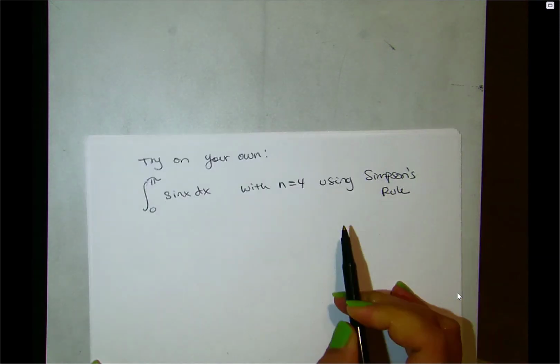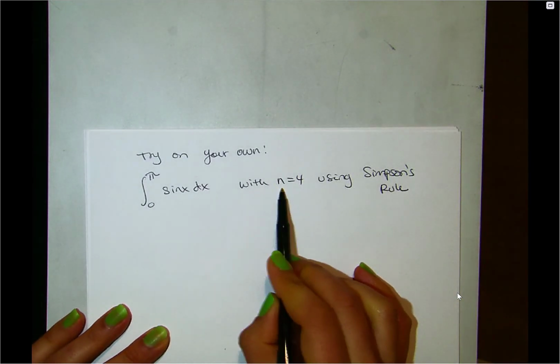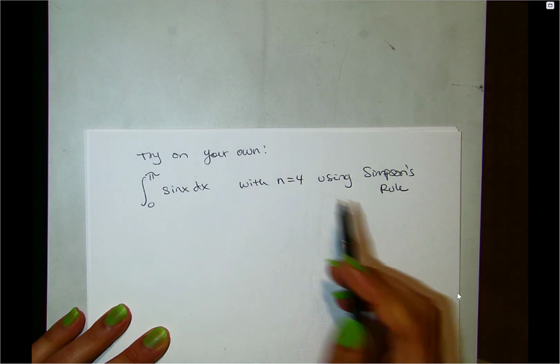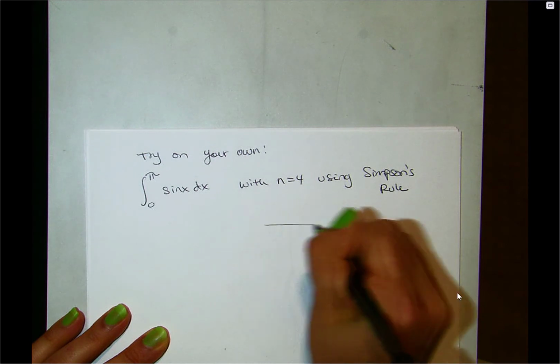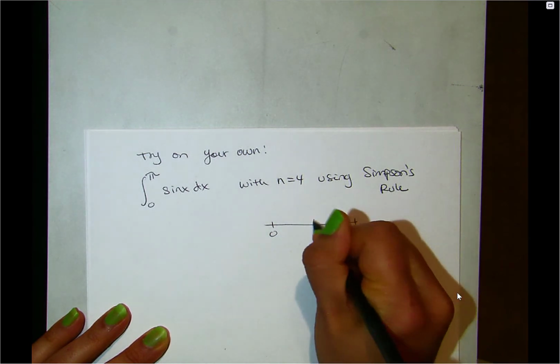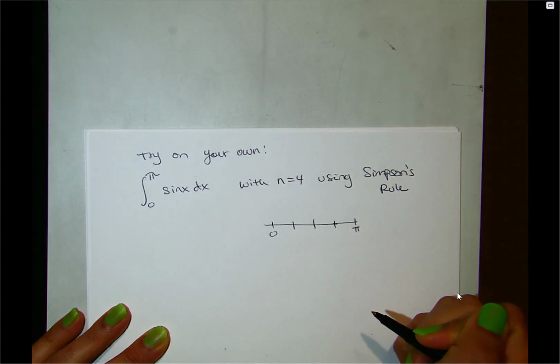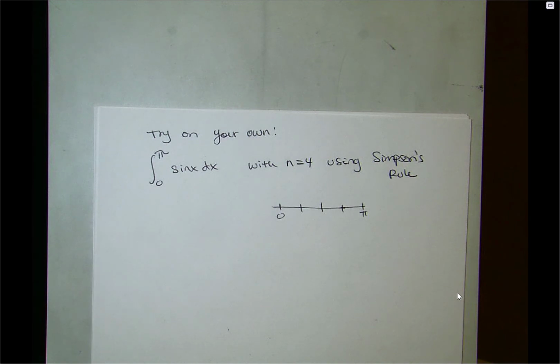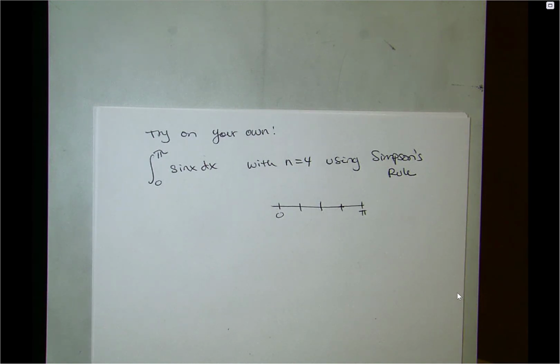Now the thing to keep in mind here is that when we say n equals 4, it doesn't mean 4 parabolas, but that you're going to break up your interval into 4 equal pieces. Alright, so try that, and I will post a solution to the trapezoid exercise and the Simpson's rule exercise.